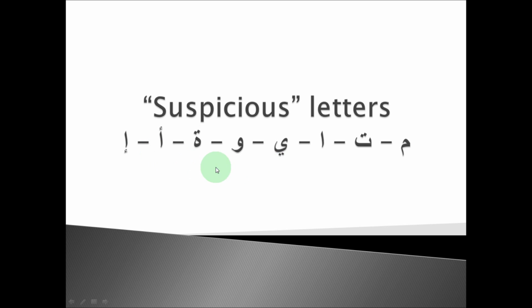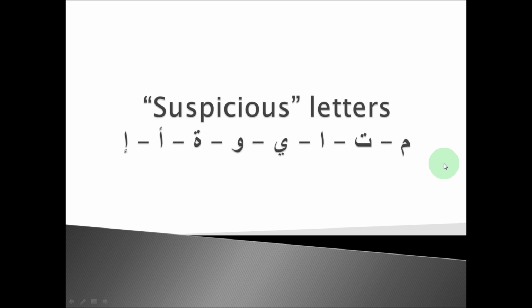Some of these are easier to spot than others. The ta marbuta especially is never going to be part of a root, but sometimes people think it is, and they go look it up in the Hans Wehr or a similar dictionary and don't find it, so I thought I'd throw it in there.